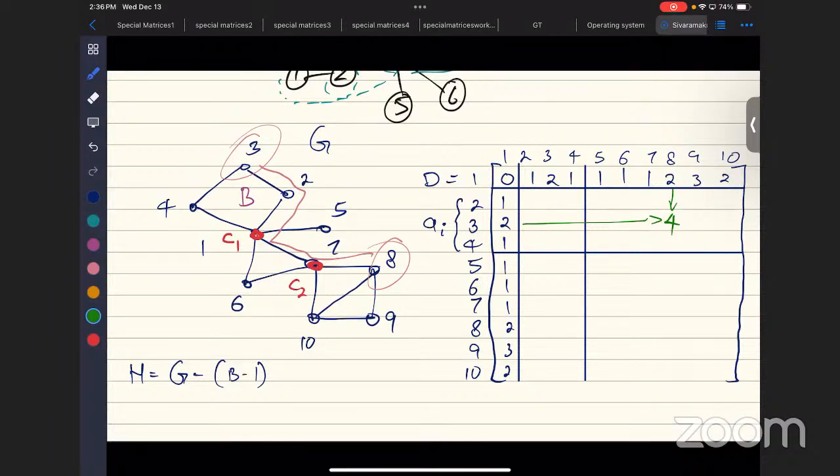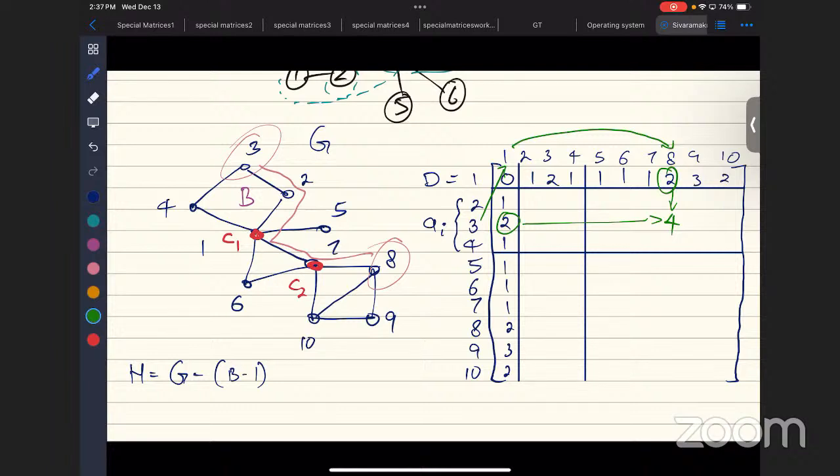But why is it 2 plus 2? Because 2 is the distance from 3 to 1. That distance is 2. And then the distance from 1 to 8, this one, that is 2.